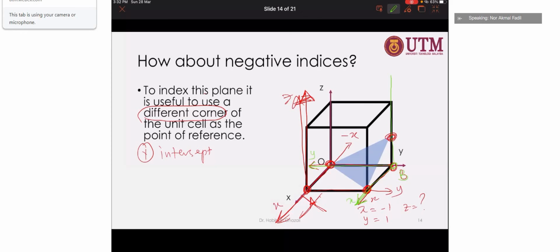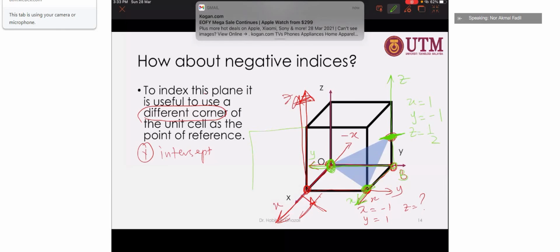So the plane will cross here at z equal to half, then cross here at x equal to 1, and then cross here at y equal to -1. So you need to move the origin. Any point can be the origin because they are all identical with the neighboring unit cell. There is another unit cell here.